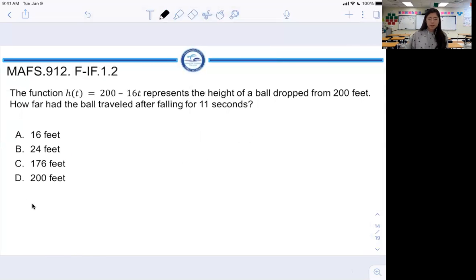Okay, here's another one. This one's a word problem. The function h of t equals 200 minus 16t represents the height of a ball dropped from 200 feet. How far had the ball traveled after falling for 11 seconds? So what am I doing here? You plugged in 11, right?